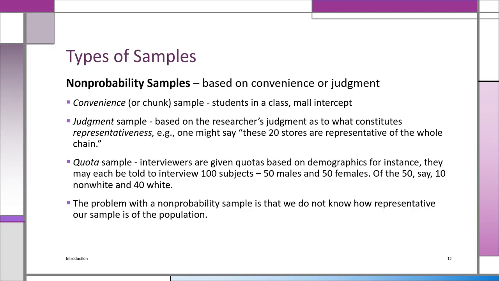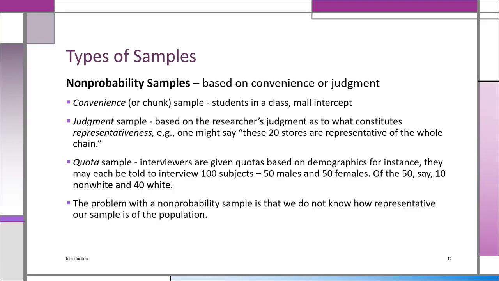Or a judgment sample. You use your own judgment. This is more like I'll look at these 20 stores because I believe it's my judgment that these 20 stores represent the whole chain because they're typical of what I have in my chain of stores of 1,000 stores. That's a judgment sample or a quota sample. Sometimes that's done at malls.